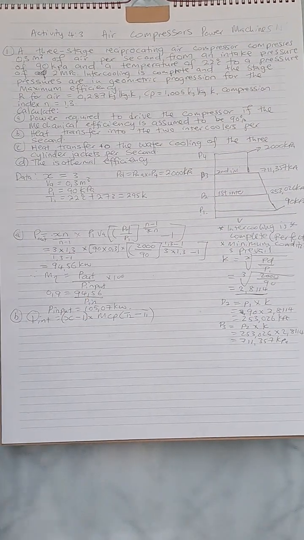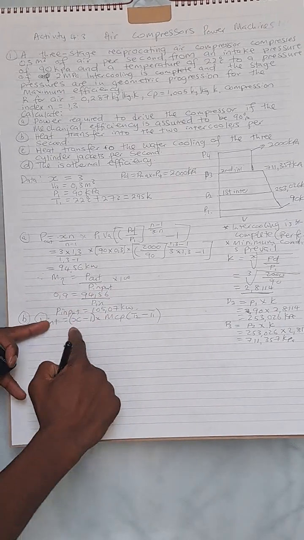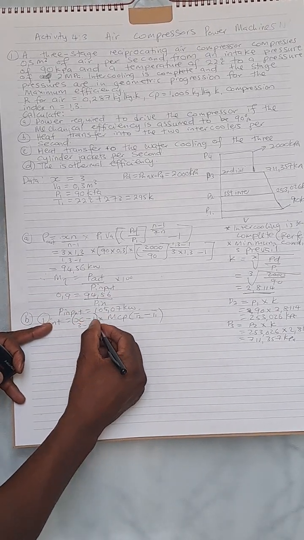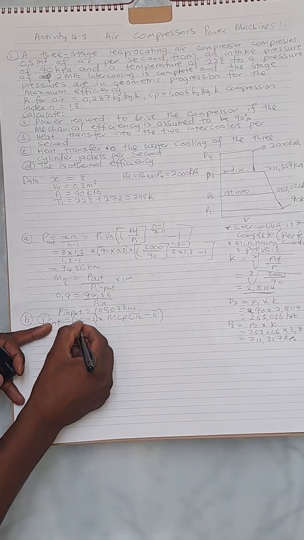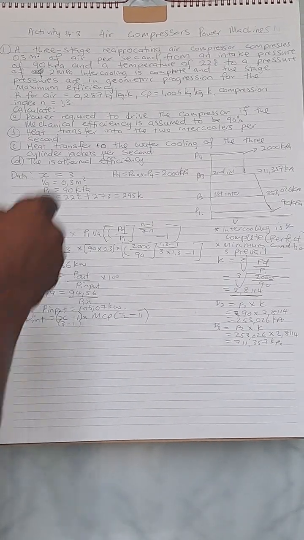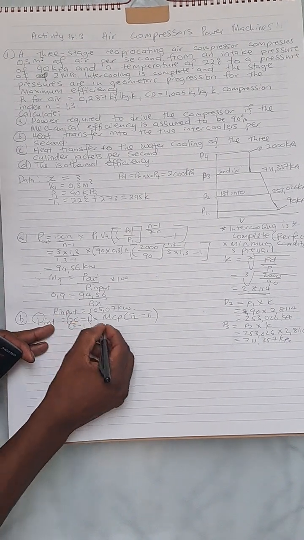So we just have two pressures. Therefore, our number of stages, we said, is 3 minus 1. You can use this one for those who will be struggling to understand the number of intercoolers in whatever given question.